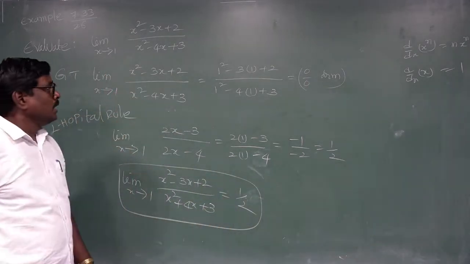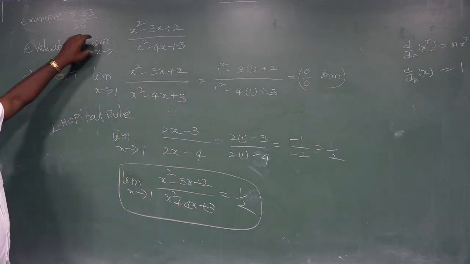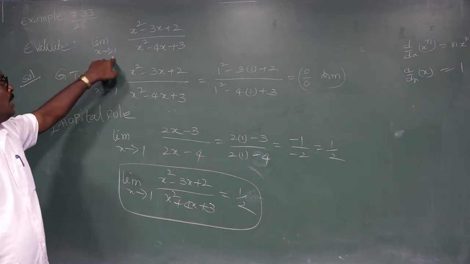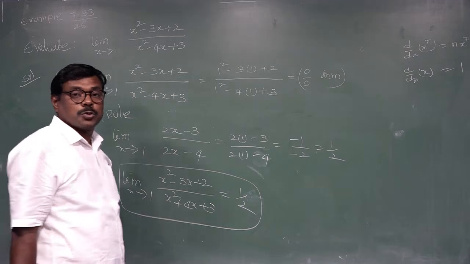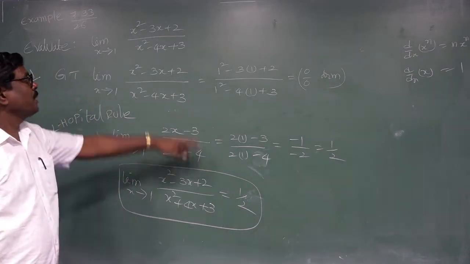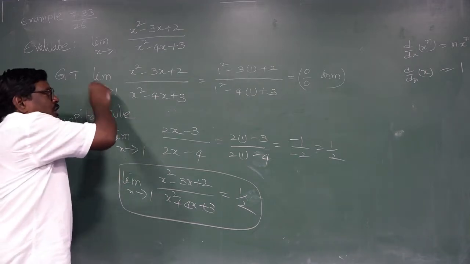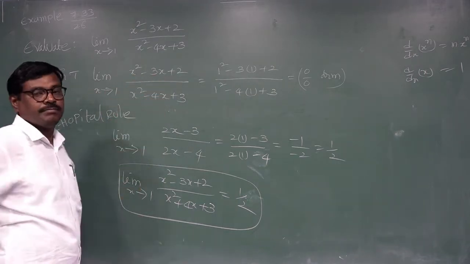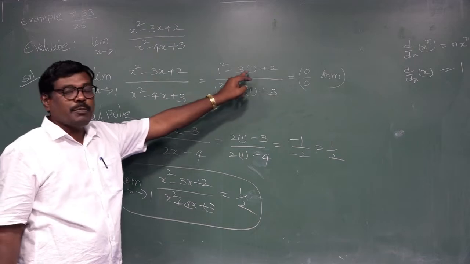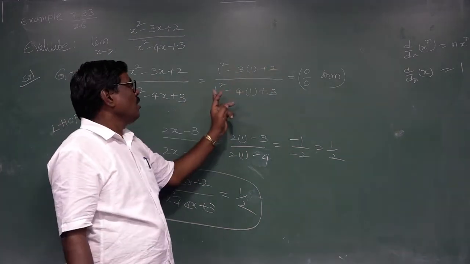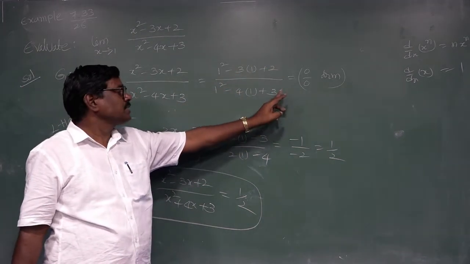Any doubts? Let me explain again. The limit as x tends to 1 of (x square minus 3x plus 2) by (x square minus 4x plus 3). The first step is substitution: 1 whole square minus 3 into 1 plus 2 by 1 whole square minus 4 into 1 plus 3.